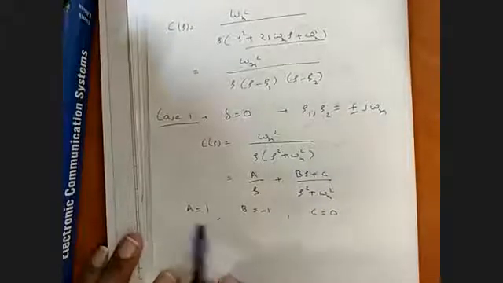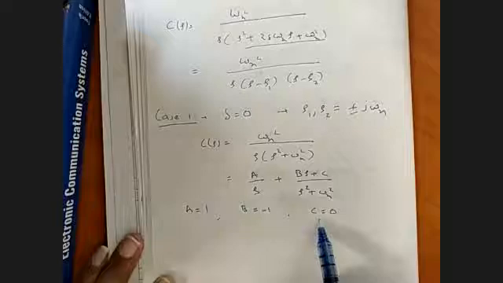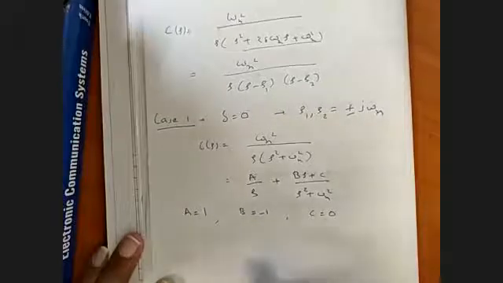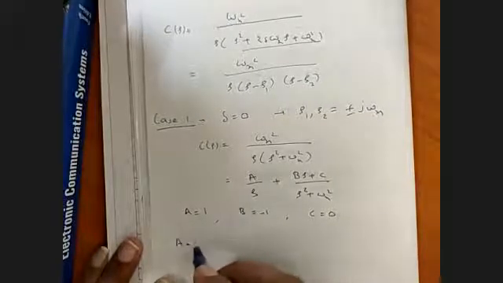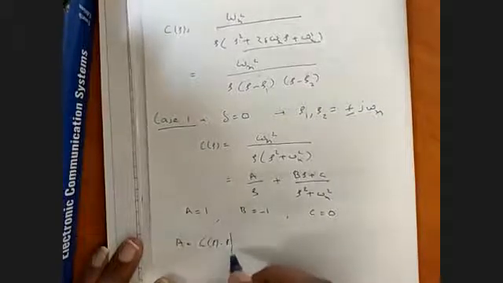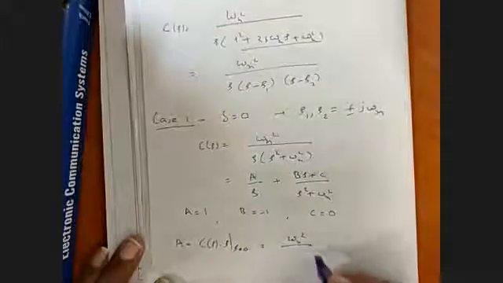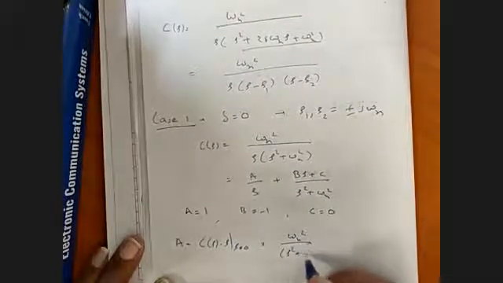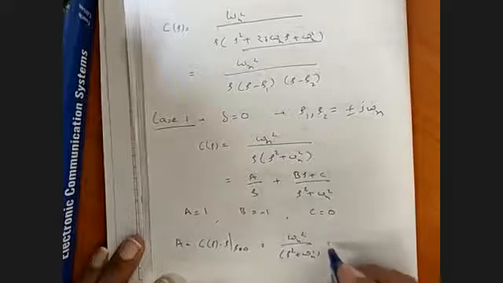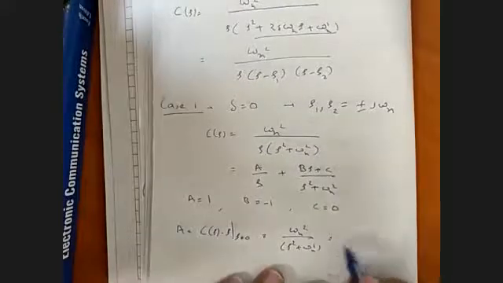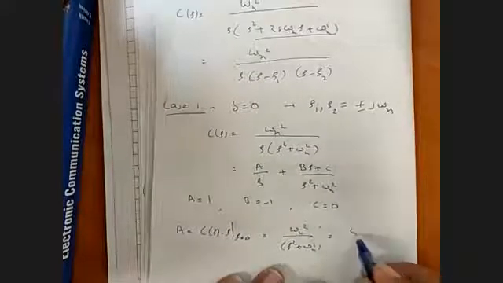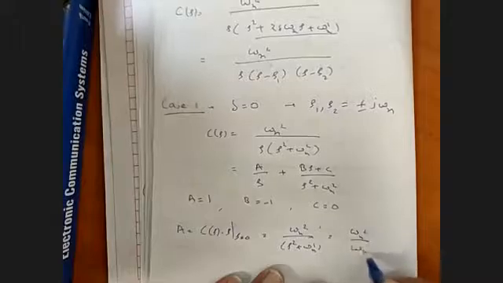A is equal to 1, B equal to minus 1, because A is Cs into s at s equal to 0, so that will become omega n square upon s square plus omega n square. That means s equal to 0, so omega n square upon omega n square, that means 1.